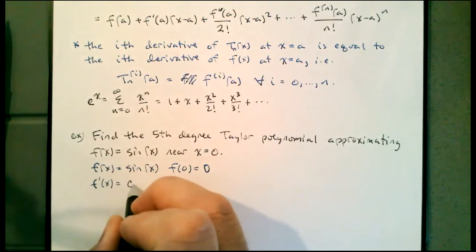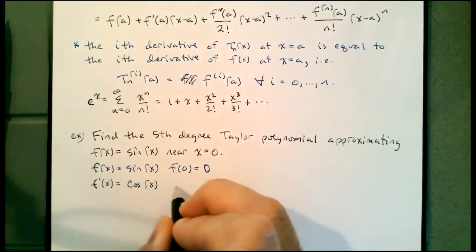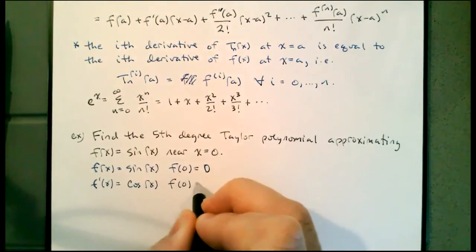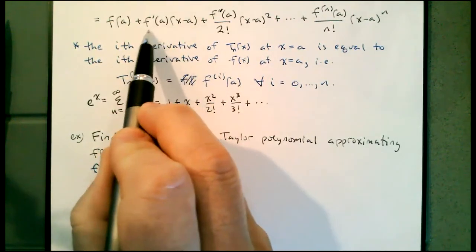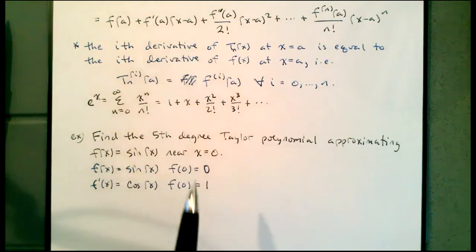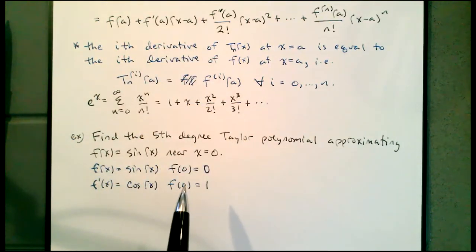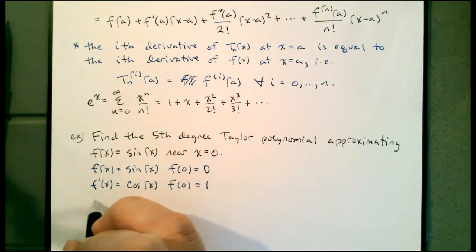The derivative of sine is cosine x. And cosine of 0 is equal to 1. So now I got the coefficient of the x term. This makes sense. We know that the tangent line for sine x near 0 is y equals x. So everything makes sense so far.